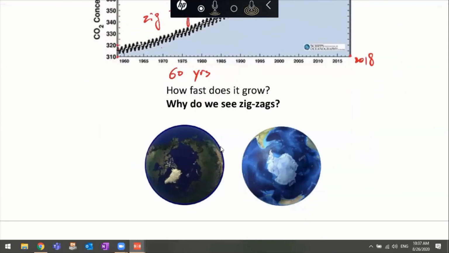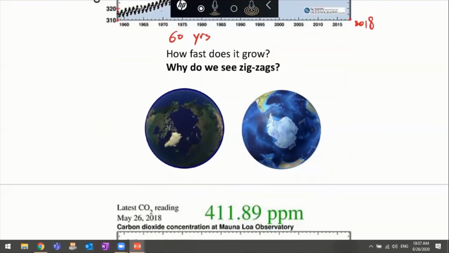And this is actually because of the land area. So if you just look at the Earth from the North Pole, you're going to see a lot of land area, right? So during the summertime, you're going to see more green area there, so we can reduce the carbon dioxide concentration. But in the southern hemisphere, we have quite a large land area, but that's Antarctica.